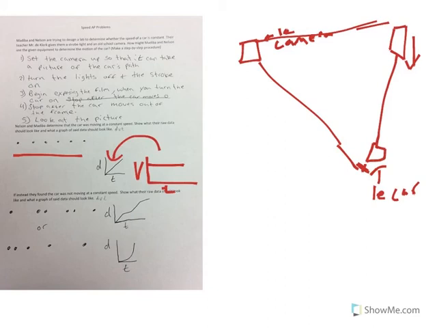If instead they found the car was not moving at a constant speed, show what their raw data would look like and what a graph of said data would look like. So here I've got two options. On the first one, we've got an object that's speeding up and slowing down repeatedly. What I've shown is a lot of distance in that first interval, less distance in the second interval, more distance in the third, less in the fourth.